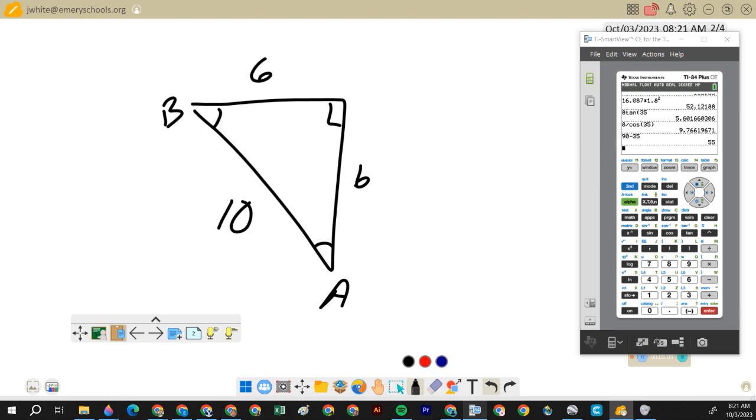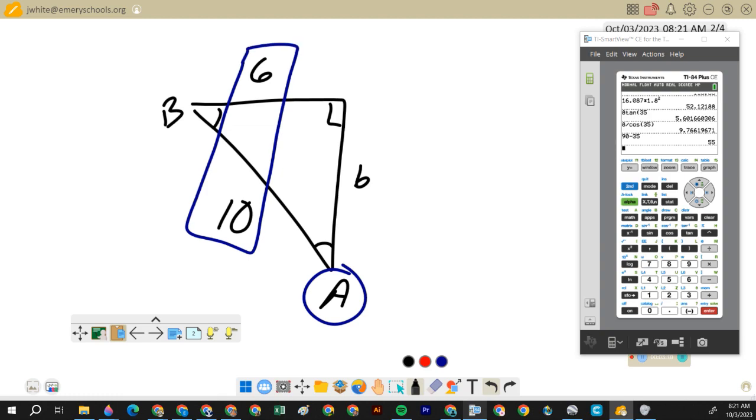Well, angle A, if I wanted to find angle A, which ratio would I use? Well, if I looked at angle A, which ratio would use 6 and 10? That would be the sine.